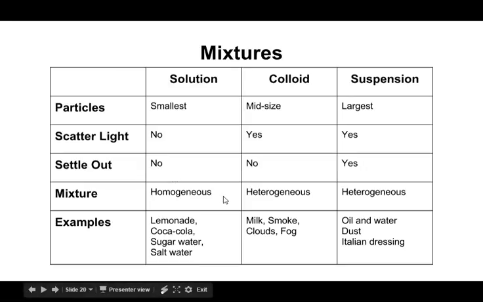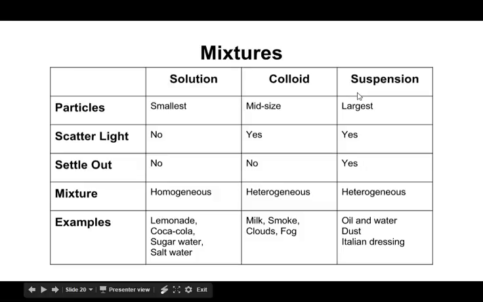For example, lemonade, Coca-Cola, sugar water, salt water. Colloids have mid-size particles. They do scatter light, but they do not settle out. They are heterogeneous mixtures. And colloids are, for example, milk, smoke, clouds, and fog.